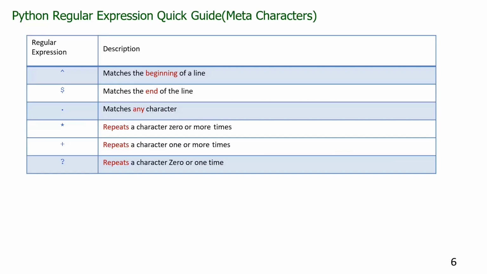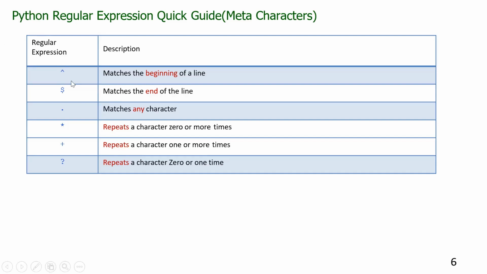These are a few meta characters which are regular expressions, and each expression has a certain meaning. You can use all these regular expressions and perform whatever tasks you want, based on our requirement. If you see here, this is the caret symbol.